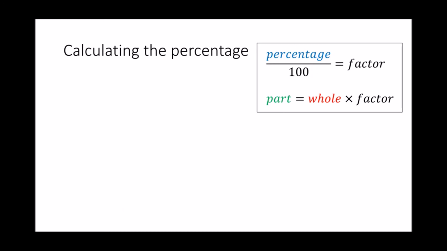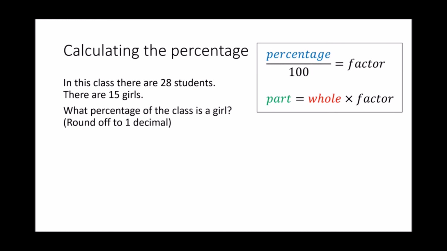Now we can also go the other way around. We can also calculate the percentage if we know the part and we know the whole. Again, without using a table. So suppose we have a class of 28 students and 15 of those are girls. And we want to know what percentage of the class is a girl. In this case, it's not going to be a nice number, so we're rounding off to one decimal. We know the part, we know the whole.